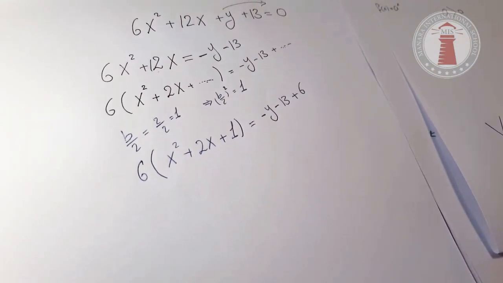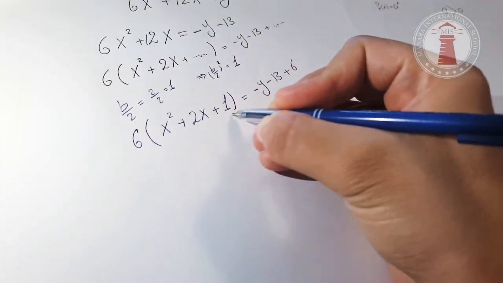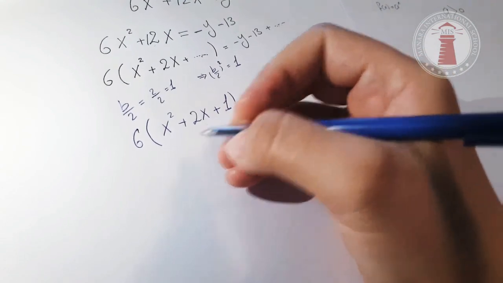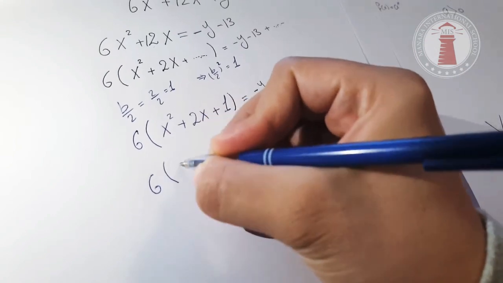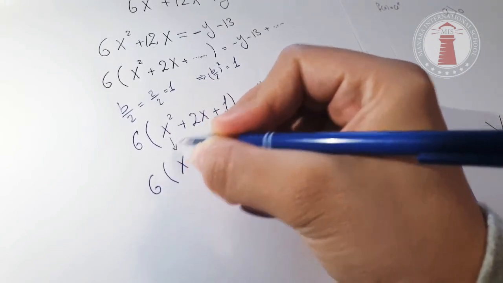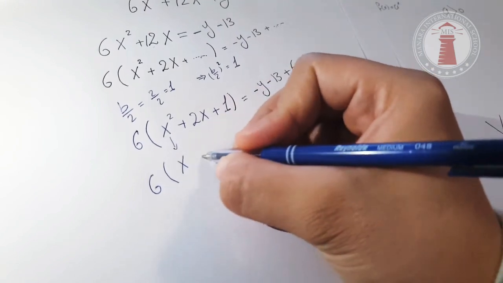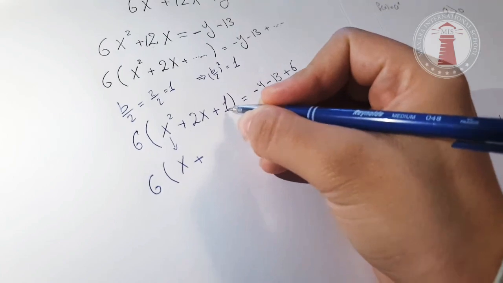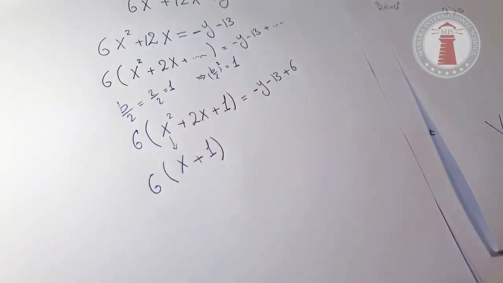Now we're just going to solve this. So we will have 6 here. We take 1x like we said before, and then we take the sign of the middle term, which is plus, and then we take b over 2 originally, which is 1, and put the square on top.